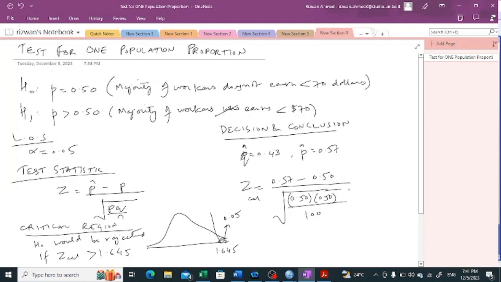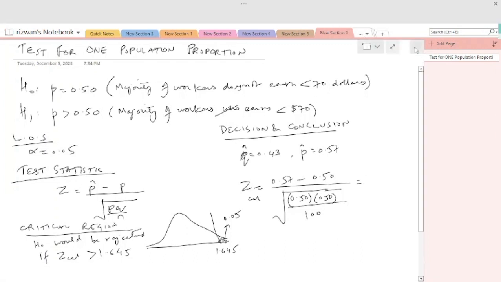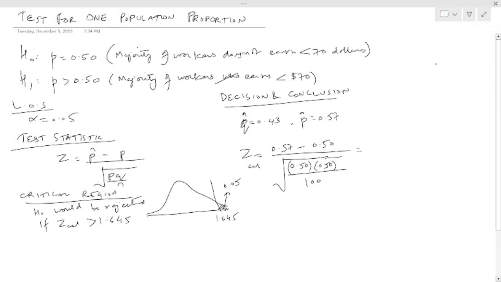So this is how we get the Z value computed, and accordingly we will take our decision. 0.57 minus 0.5 gives 0.07 as the numerator.